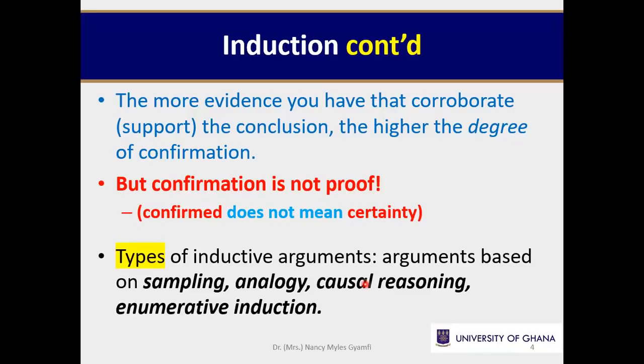The observation-based science. So the more evidence you have that corroborate the conclusion, the higher the degree of confirmation. You only increase the likelihood of truth. You don't establish the certainty of the proof, regardless of the number of evidences you have that support the claim.